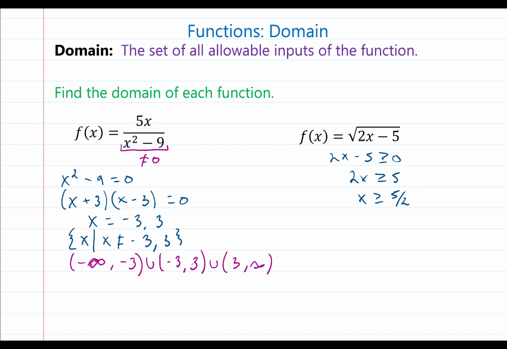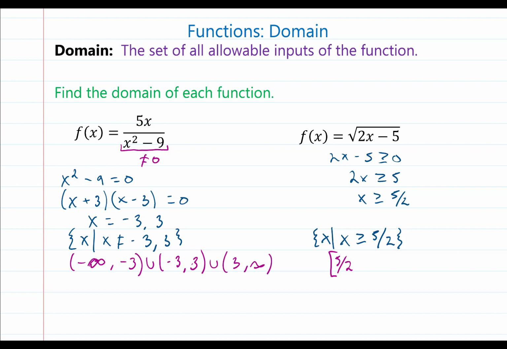In set notation, it would look like this. We're going to open a brace, define x such that x is greater than or equal to 5 halves. So by saying x is greater than or equal to 5 halves, you're defining what x is allowed to be. And in interval notation, this would be 5 halves as your boundary, and we can equal 5 halves, therefore we're going to put a bracket around 5 halves.